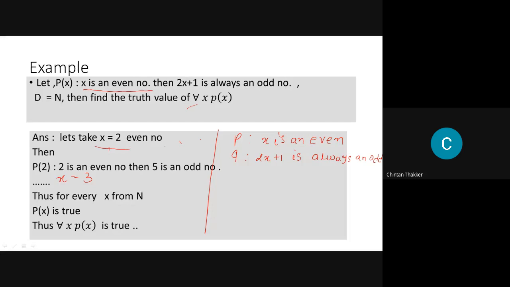Now what about the P of x? The P of x is P implies Q. Okay, so now we make the table here.